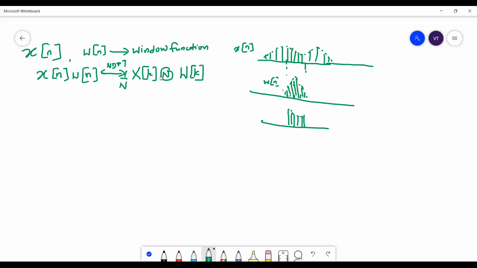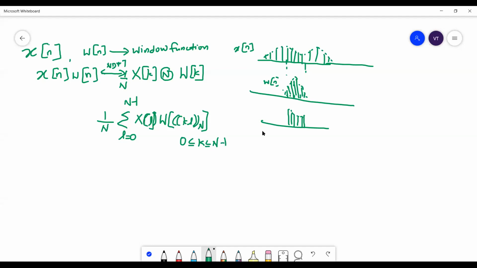1 by N times the N-point circular convolution of X of k and W of k, which I can write as 1 by N sigma L equal to 0 to N minus 1, X of L times W of (k minus L) modulo N, for 0 less than or equal to k less than or equal to N minus 1.